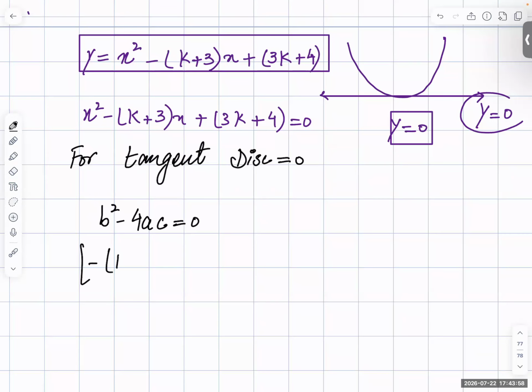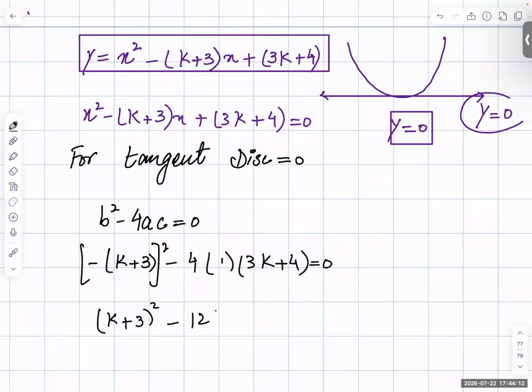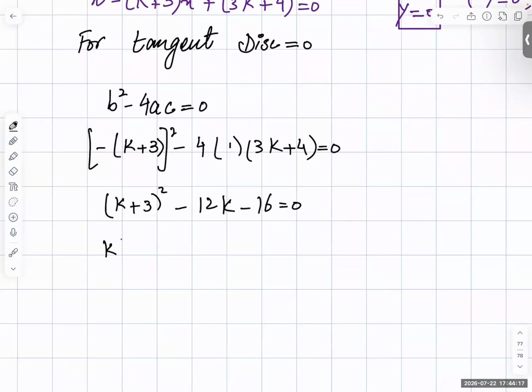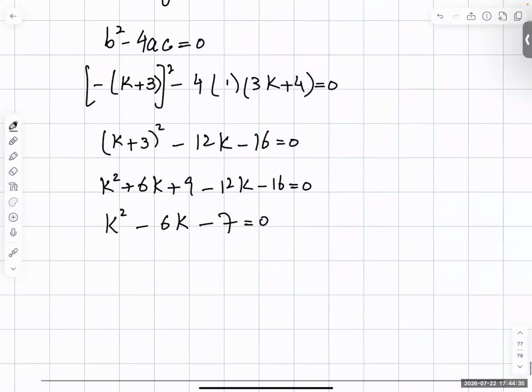That is negative b square minus 4ac equals to 0. That makes it k plus 3 whole square minus 12k minus 16 equals to 0. That makes it k square plus 6k plus 9. So that would be k square minus 6k minus 7 is equal to 0.